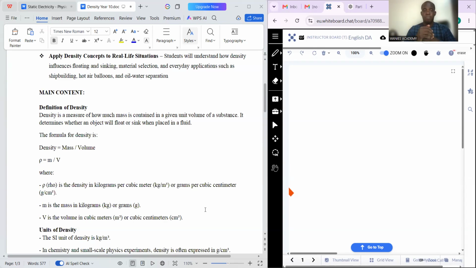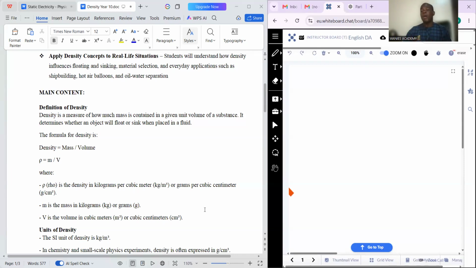It determines whether an object will float or sink when placed in a fluid. That tells you the concept of density is very important in every facet of our life, and very paramount to engineers, inventors, and those who design machines.